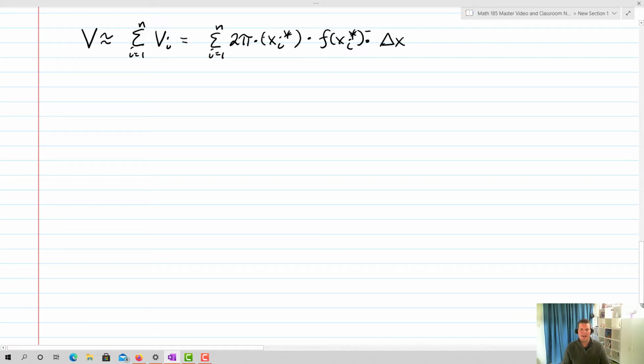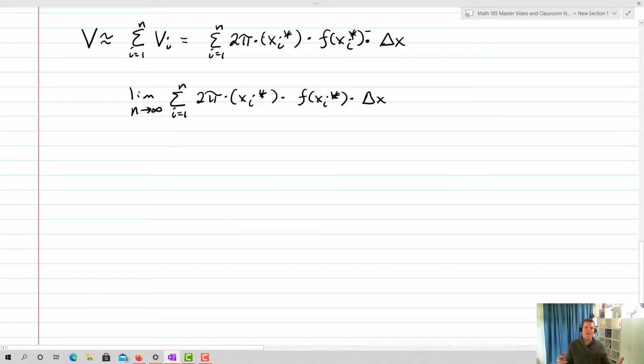Now, as we've been seeing in this section, we're going to take the limit as n approaches infinity. So we're going to make lots and lots of intervals, and it's going to be the sum, i equals 1 up to n, of 2 pi times xi star times f of xi star times delta x.